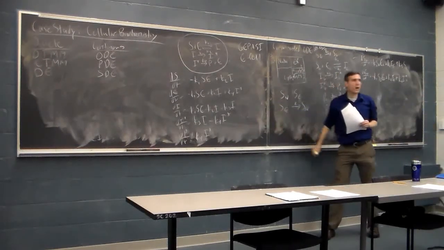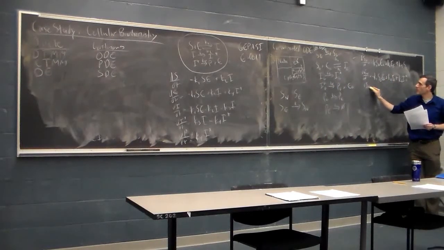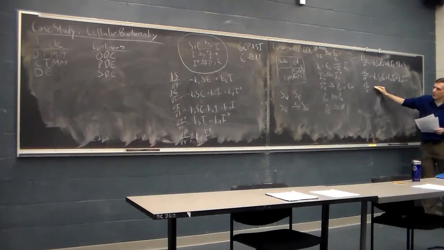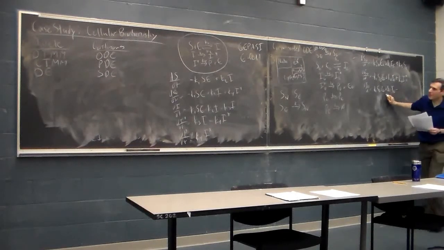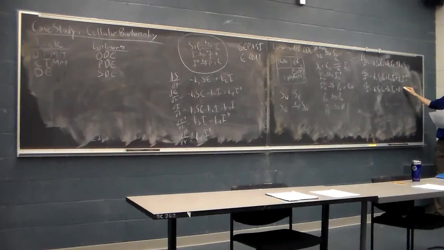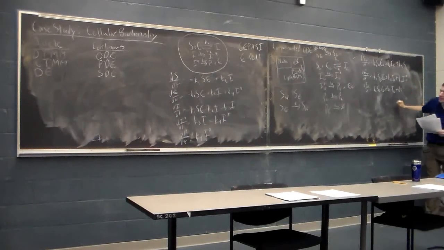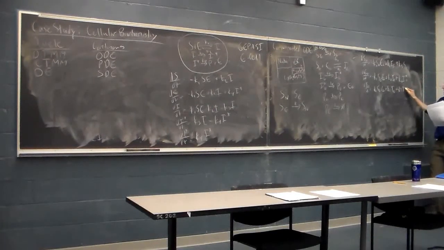The I and I star also pretty much work like before, so we get dIG/dt is equal to K1 SG EG minus K2 IG minus K3 IG.